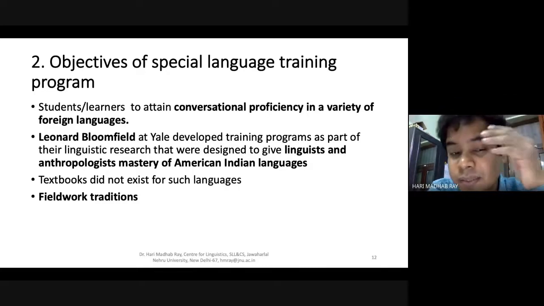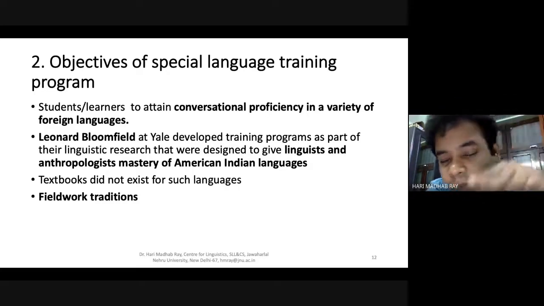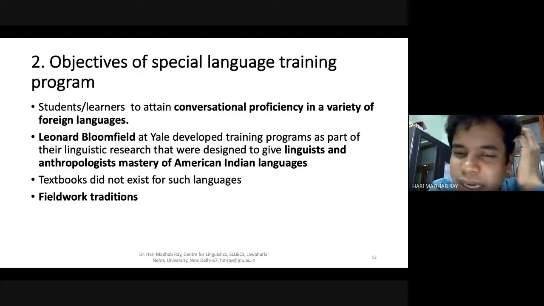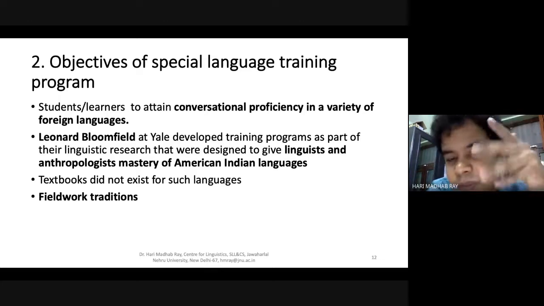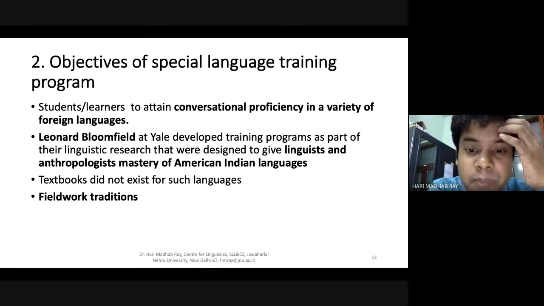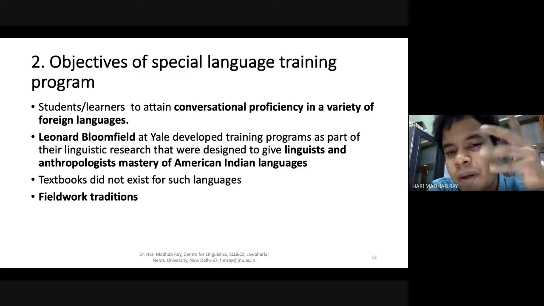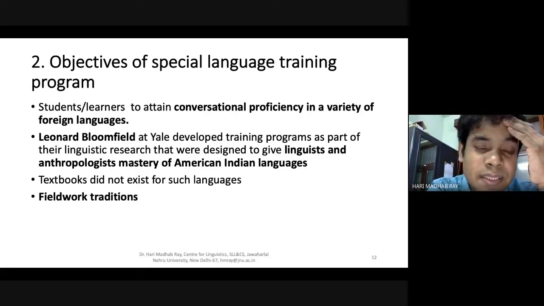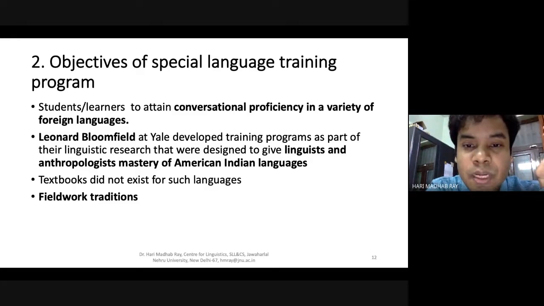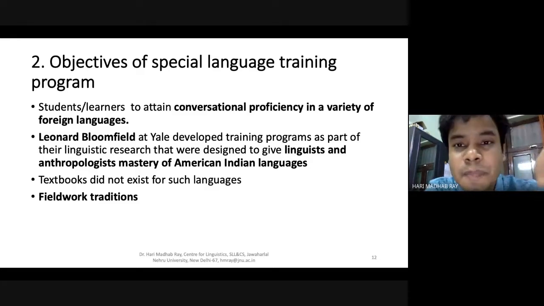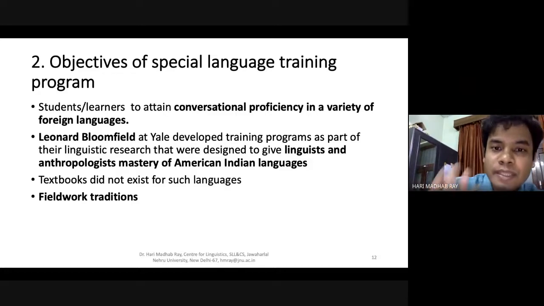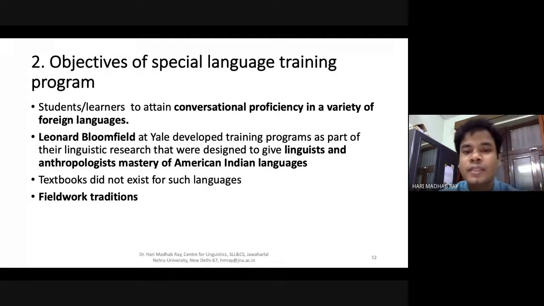Interestingly, I talk about this whole tradition, especially the American tradition, the fieldwork tradition, and even the Bloomfield tradition, the Sapir and Boas traditions. The whole fieldwork tradition in America started somewhere around the 1930s, and even the Sapir-Whorf hypothesis, if you're talking about Sapir and Whorf, who are these people? Whether language influences our thought or the other way around, or culture influences our thought.